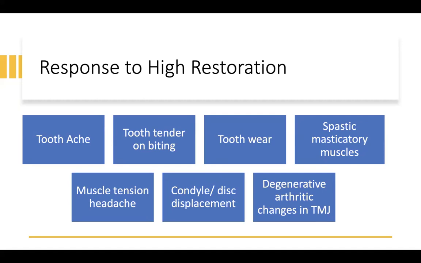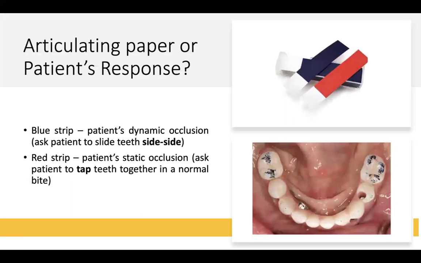Issues to do with toothache, tooth tendon biting, tooth wear, spastic masticatory muscles, muscle tension headache, condyle disc displacement, and degenerative arthritic changes in the TMJ. So this is just a reminder of why we should really focus on that final part of the restoration.